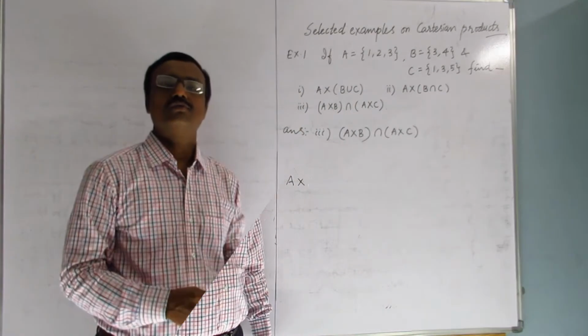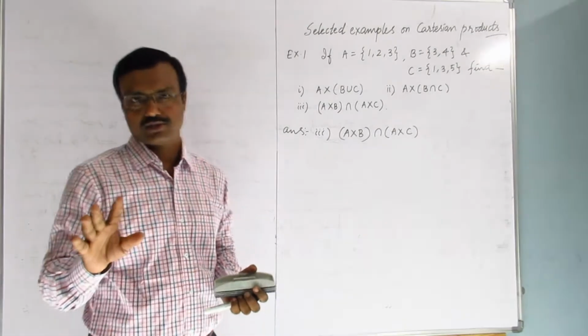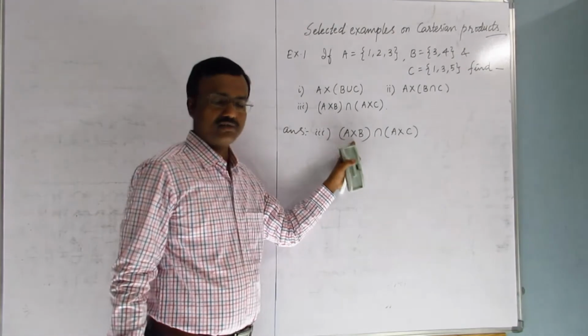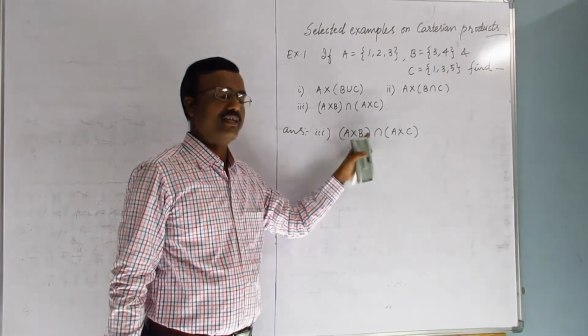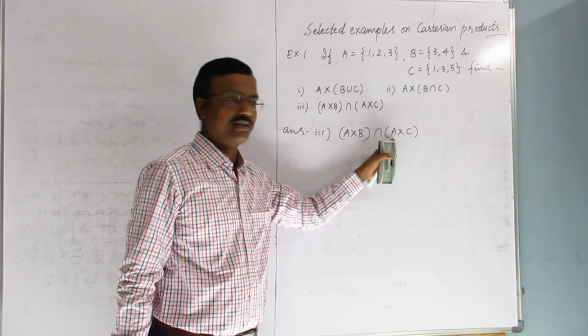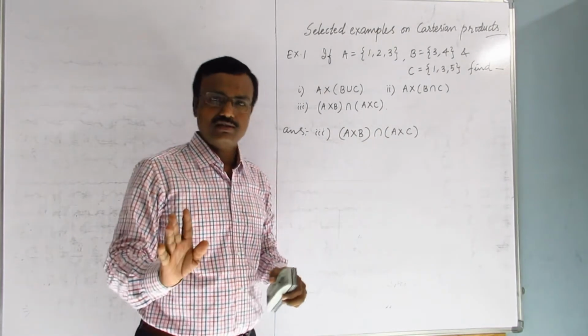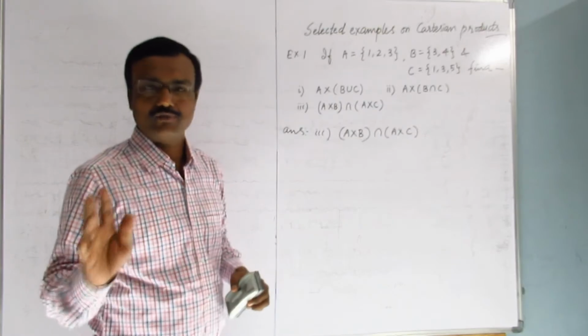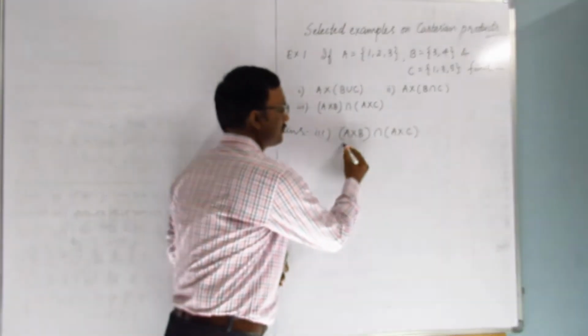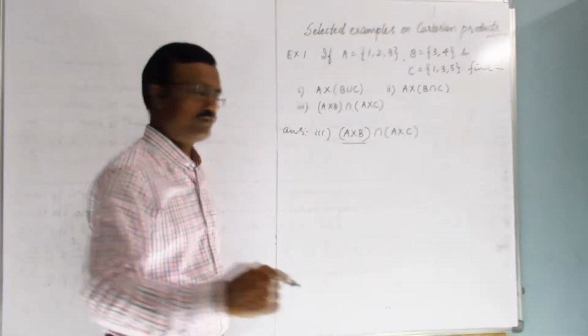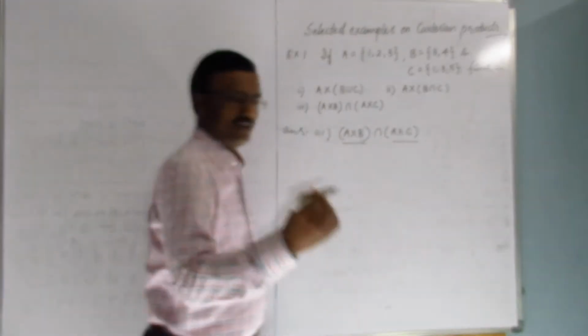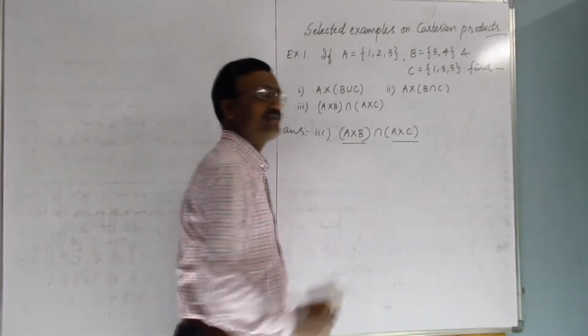That's all. Now the third sub-question, students: to find the Cartesian product of A and B, intersection, the Cartesian product of A and C. In this case, initially we have to find A cross B, then we have to find A cross C, and thirdly we have to find their intersection.